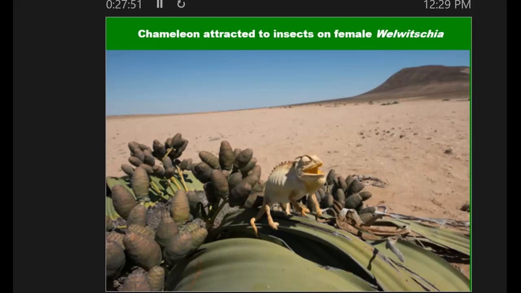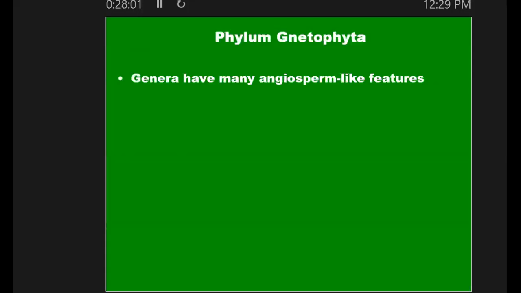Okay, so the Gnetophytes, it's kind of weird to think that these three that I just talked about, they're all in the same phylum, even though they look so vastly different from each other. This phylum in general, there's some things to say about them that are notable. This phylum has many plants that exhibit features like angiosperms.